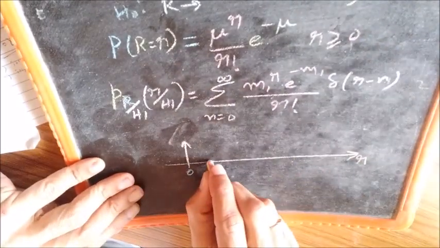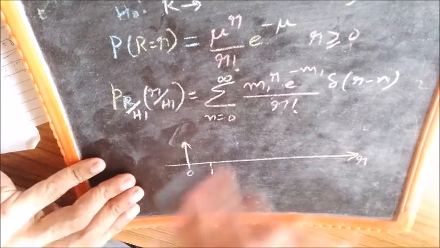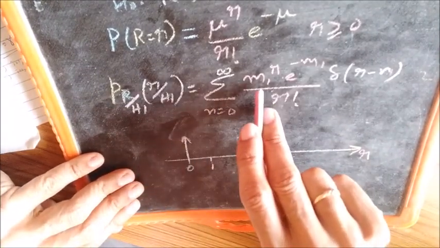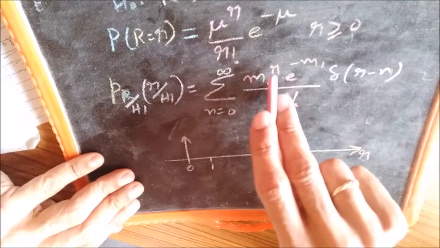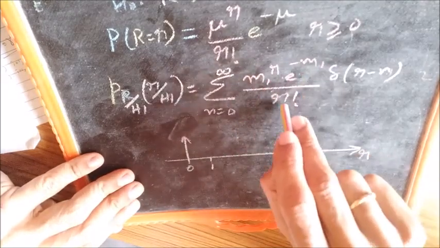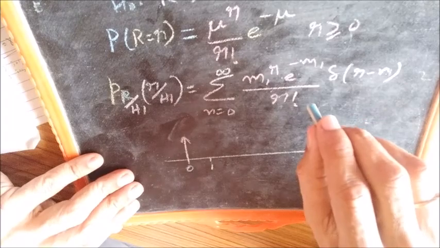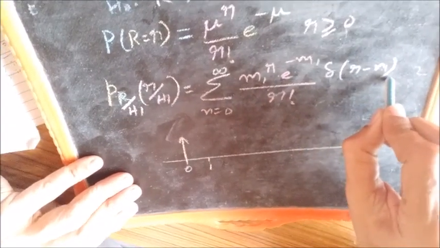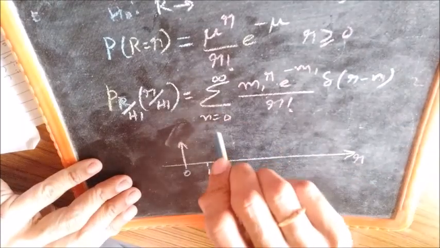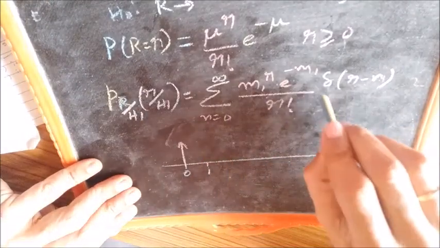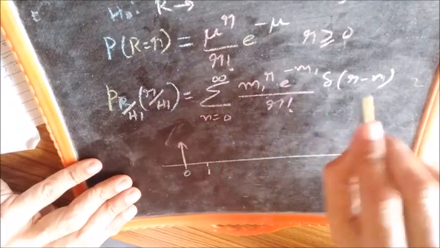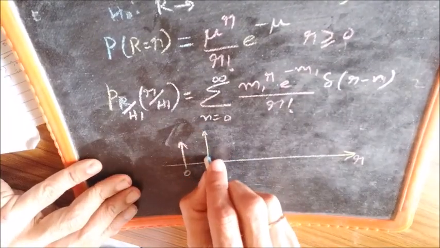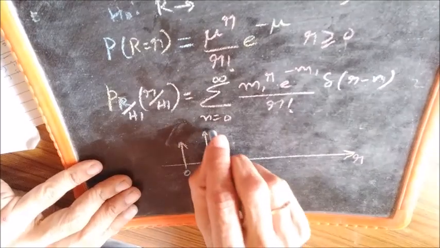Similarly, if you plot it for R = 1, you can see that M1 raised to 1 is M1, e raised to minus M1, 1 factorial is 1, and you have delta of 1 minus n, because R is 1. When you open the expansion, the first term, n = 0, gives delta of 1 which is 0, then n = 1 gives delta of 0, that becomes 1. So you get the next impulse like this.